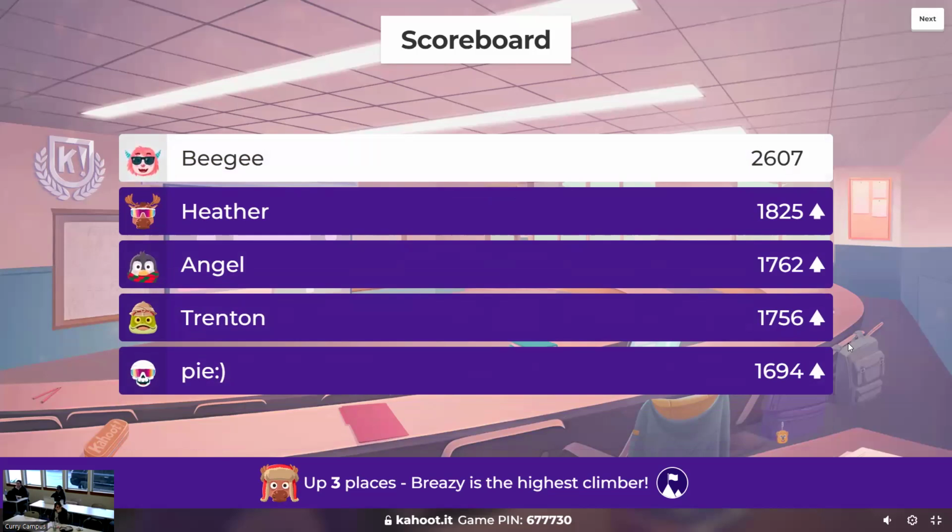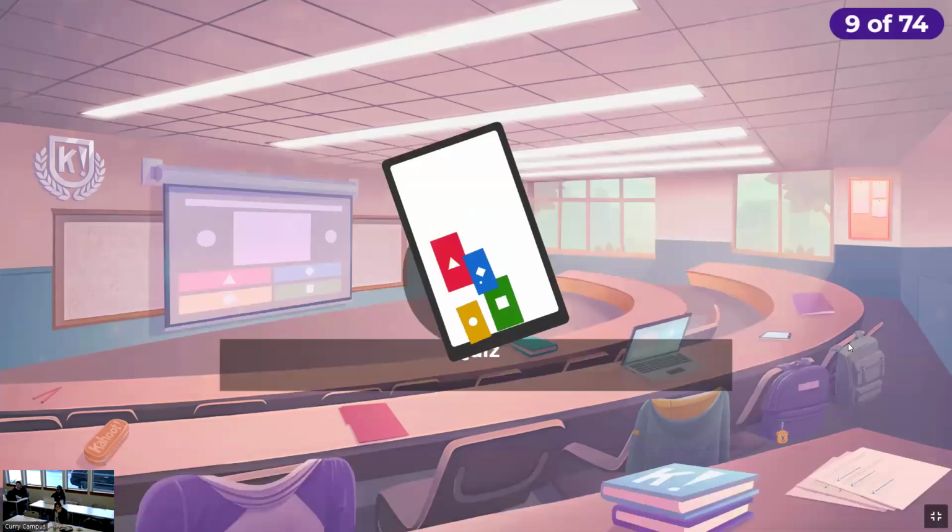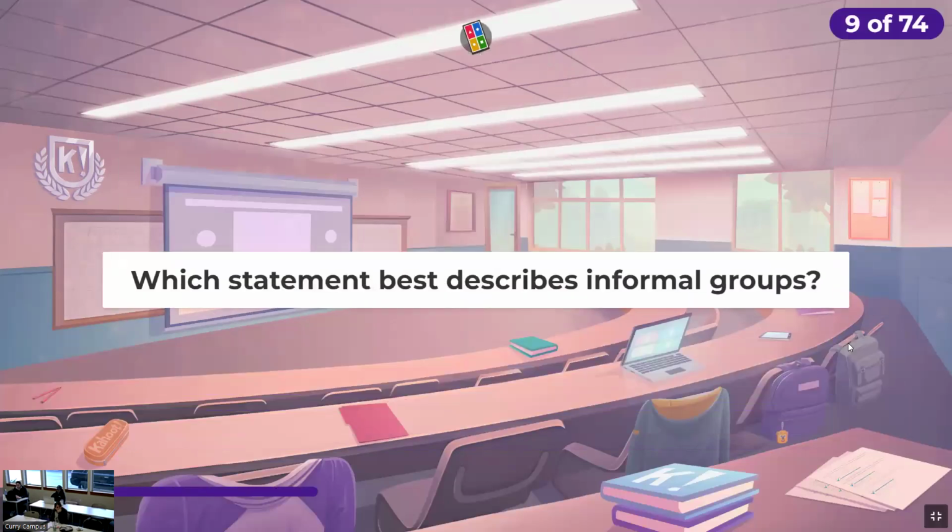Right. Another question. Which statement best describes informal groups?